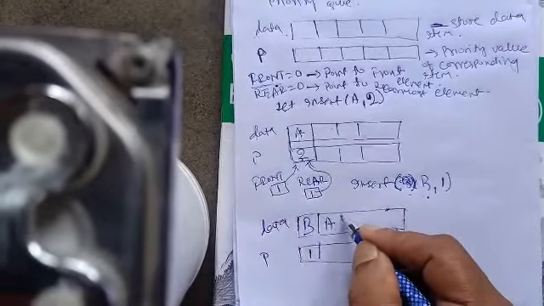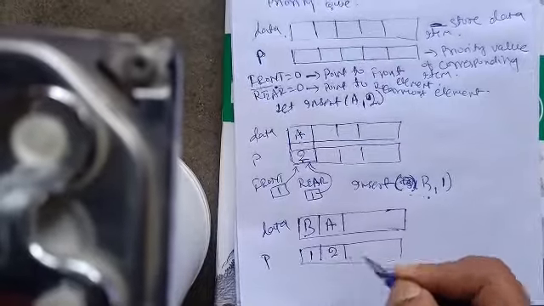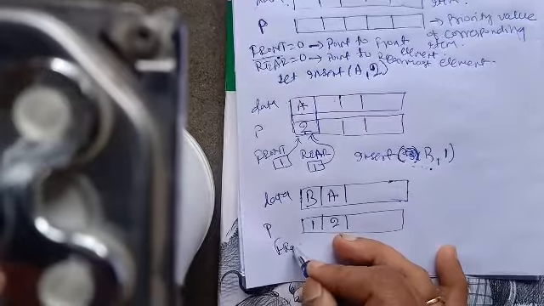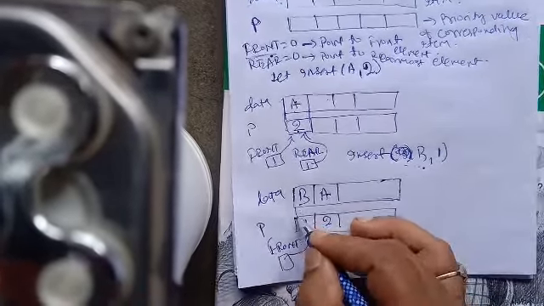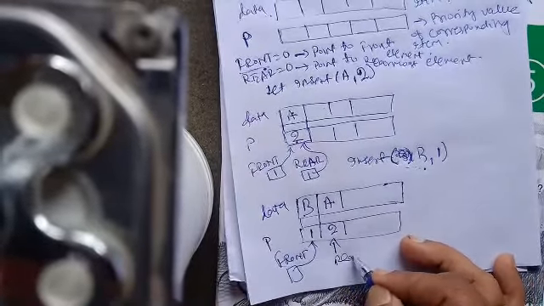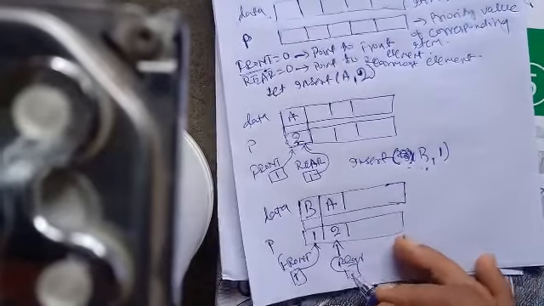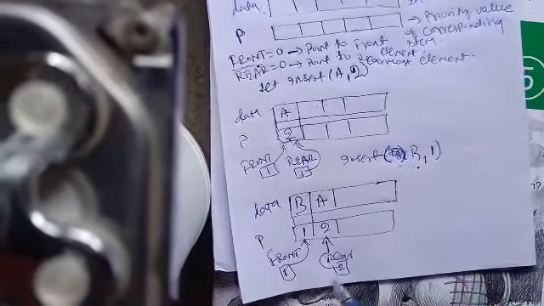Then A will be stored behind B, and then the priority value of A. So now the value of front points to the first location, and this one is called rear. So front is 1 and rear is 2 right now. So 1 and 2 are the indices, these are not priorities.